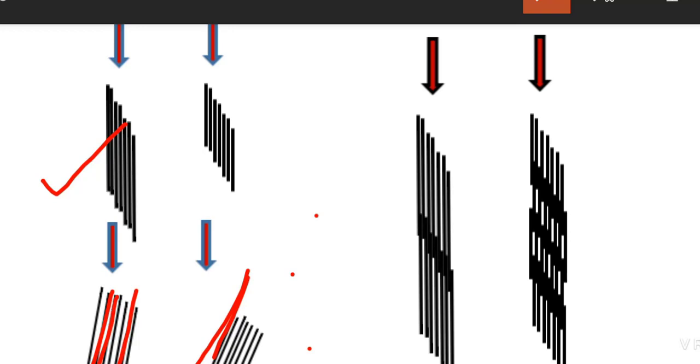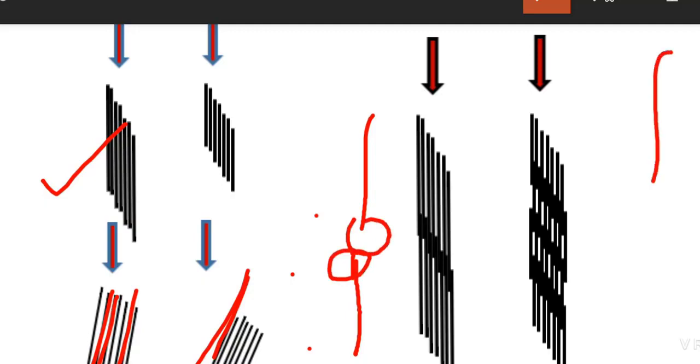Now tell me, if this is yarn, if this is a fiber, this is another fiber. When you are going to join these two fibers, what is the probability to come out of the yarn? Obviously over here at free ends, this end may come out. When you join them together, the condition is something like this. This may happen, isn't it? So here we may get hairiness.